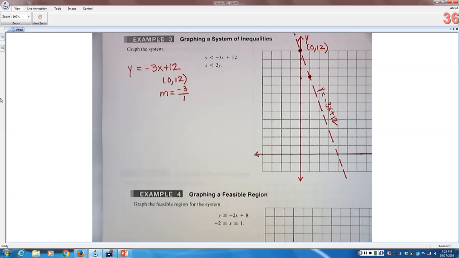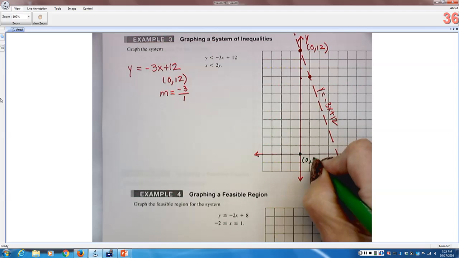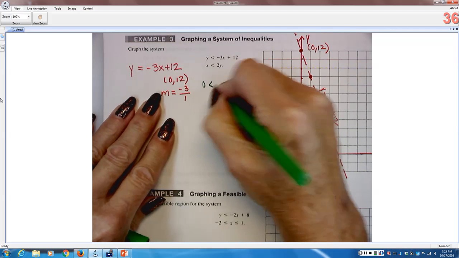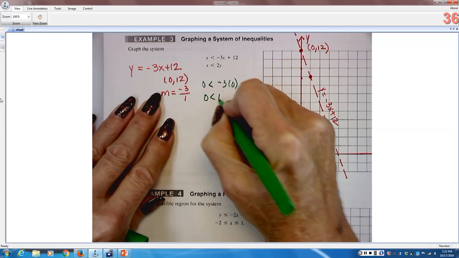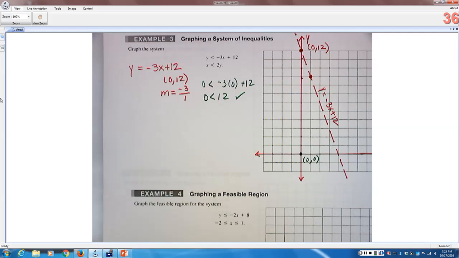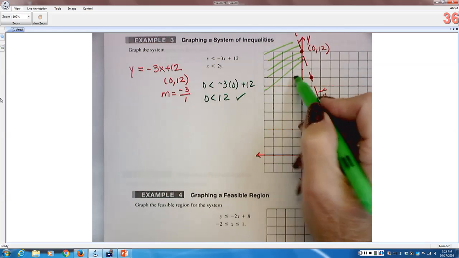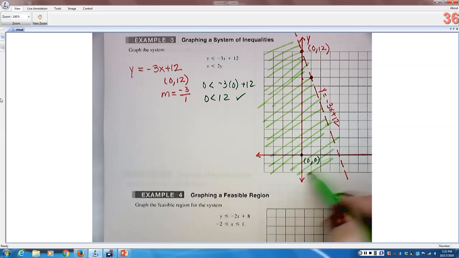We're going to test the point 0, 0 because it's not on the line. And that tells us 0 is less than negative 3 times 0 plus 12, which means 0 is less than 12, and that's true. So we're going to shade this way. So there's the first one.